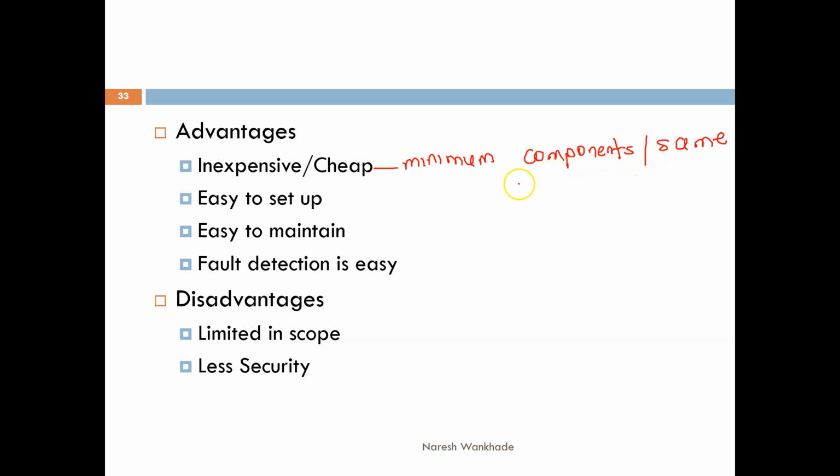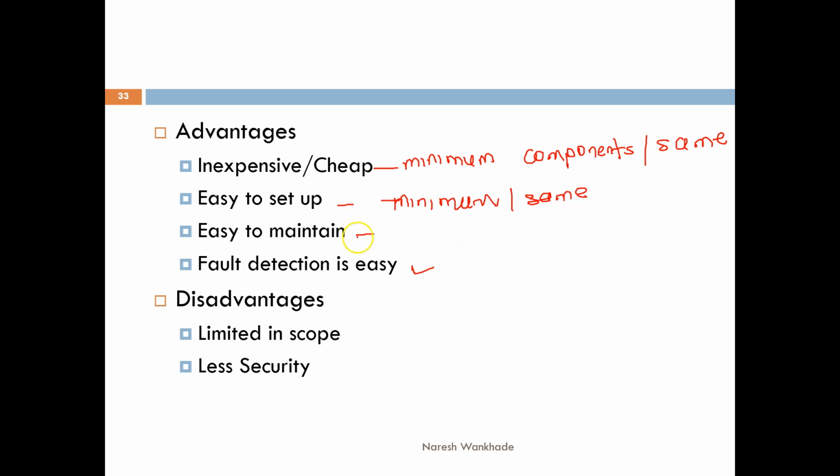That's why the cost of this entire peer-to-peer network is less. Because of the minimum number of components of same status, it is very easy to set up or install. Again, as we use a minimum number of the same components, we can easily maintain it. And because of these components of same status, we can easily detect faults in the peer-to-peer network.